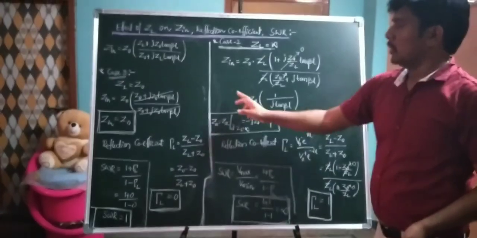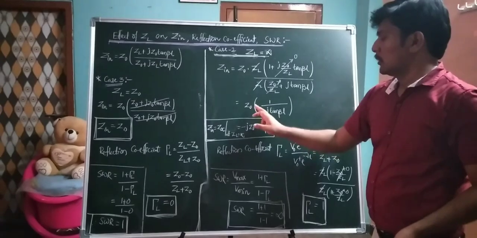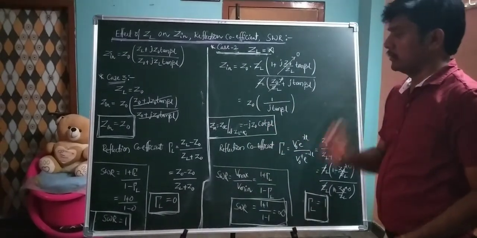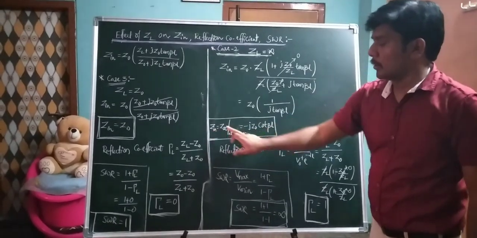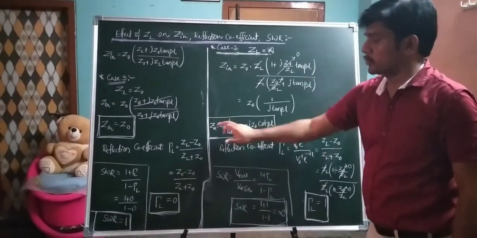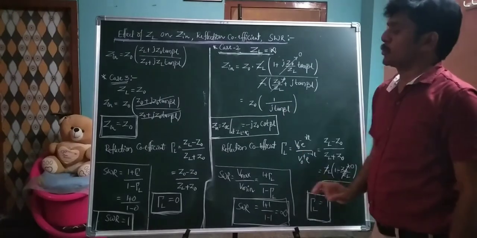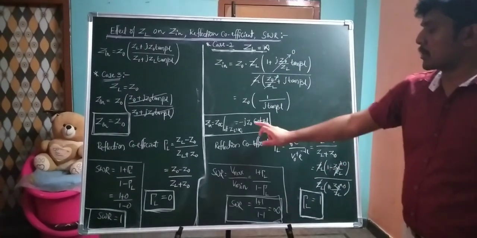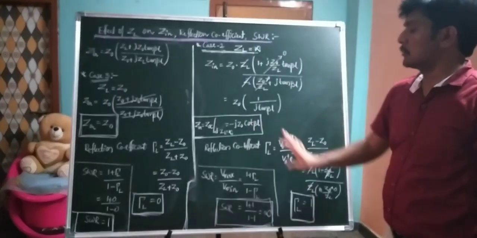Therefore, Zin is equal to minus jZ0 cot βL. This is the input impedance when ZL equal to infinity. That's why this Zin is also considered the open circuited impedance, equal to minus jZ0 cot βL.